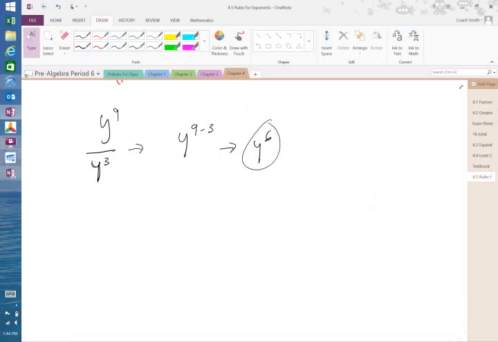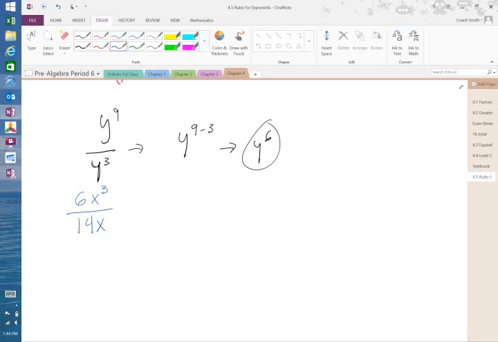Now, let's say I had something like this. Let's say I had 6x to the 3rd power over 14x. Okay.